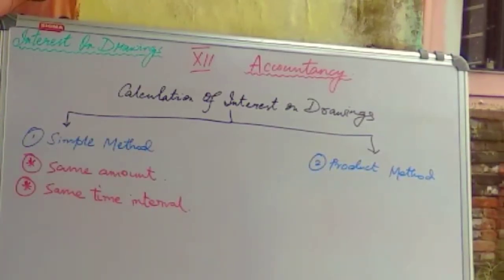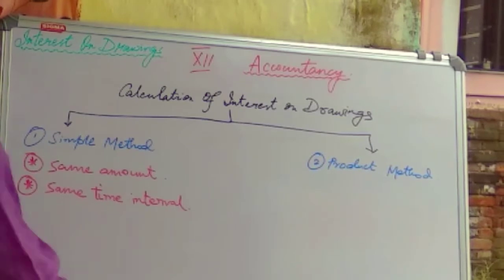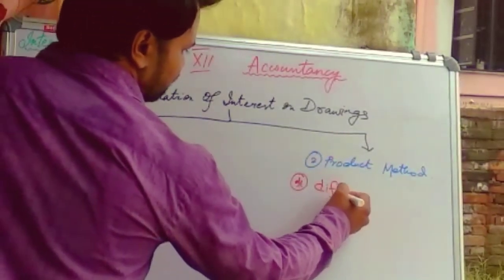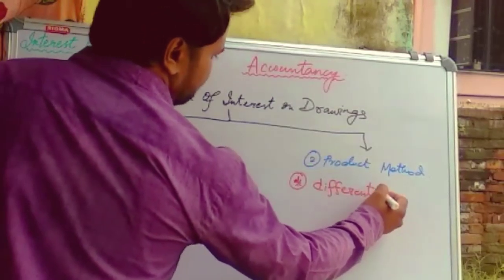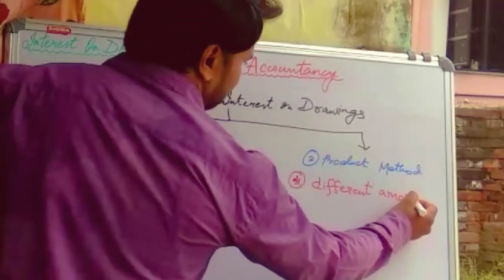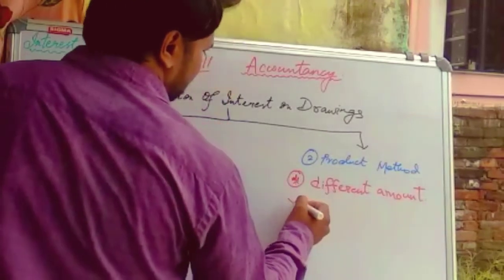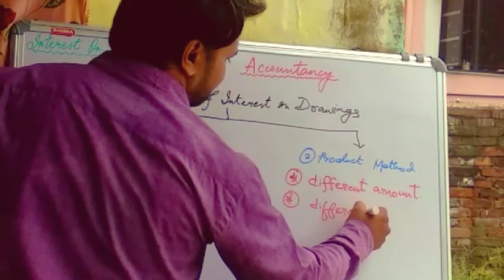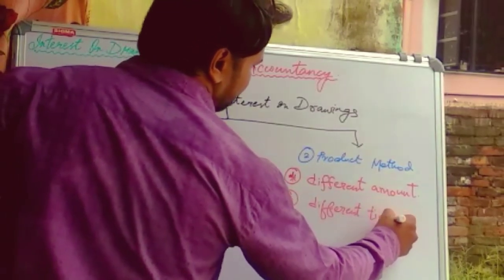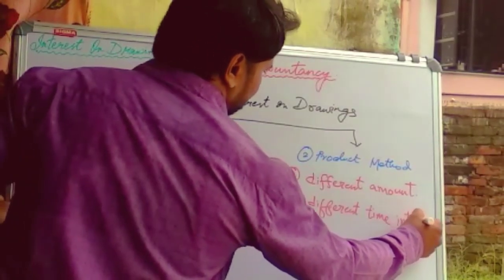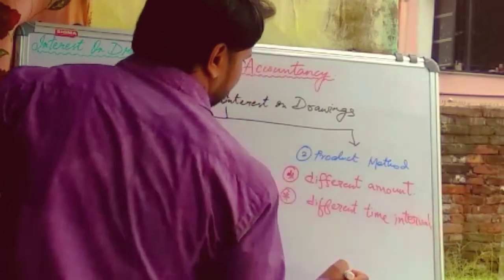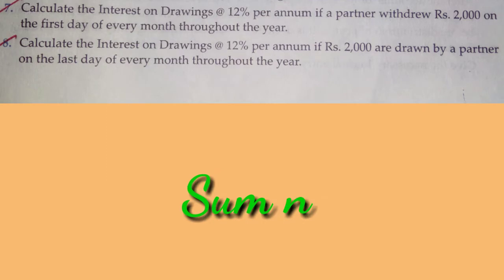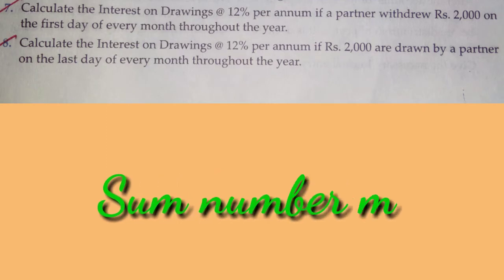Whereas in the product method, the partners draw different amounts and in different time intervals. Clear, students? Now let's understand this in more detail with the help of a sum.